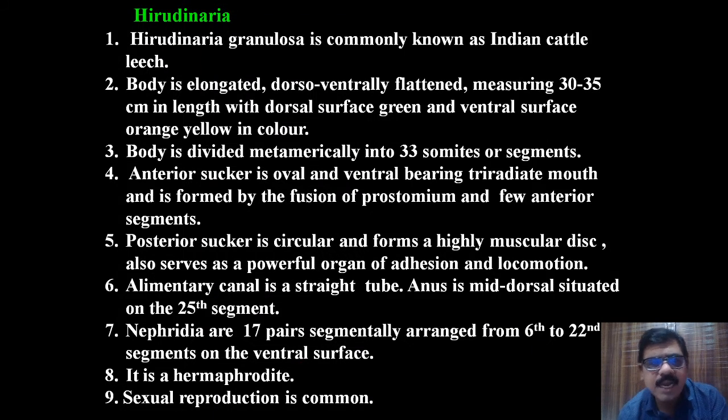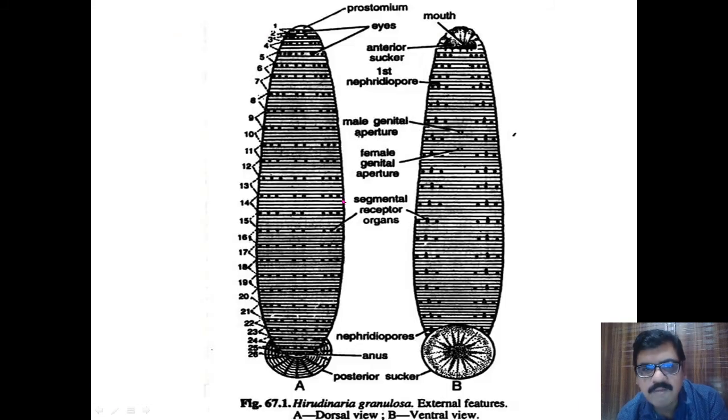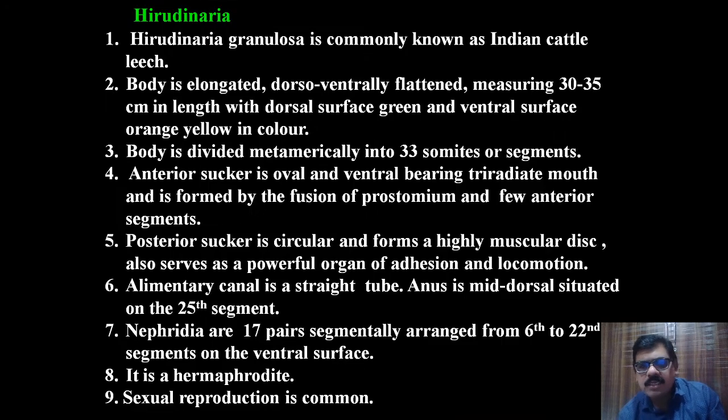This Hirudinaria granulosa is commonly called the Indian cattle leech. Body is elongated, dorsoventrally flattened, and measures 30 to 35 centimeter in length, with the dorsal surface green and the ventral surface orange yellow in color. On the dorsal surface it is greenish in appearance, and on the ventral surface it is orange or orange yellow in color.